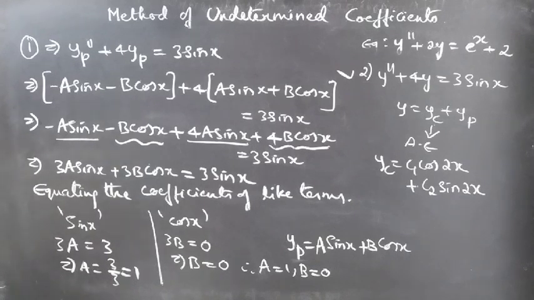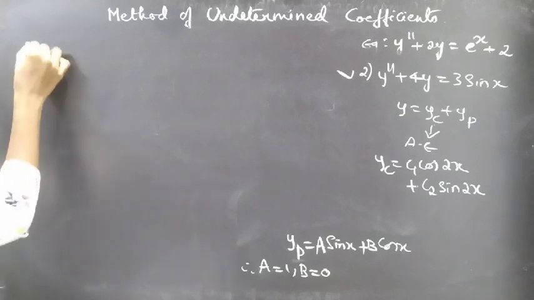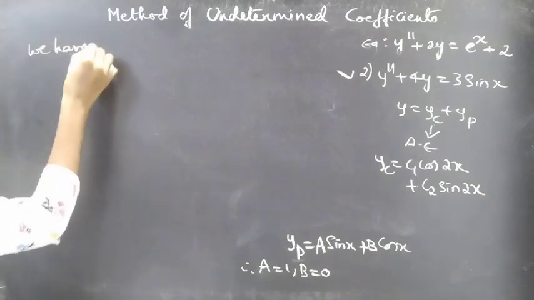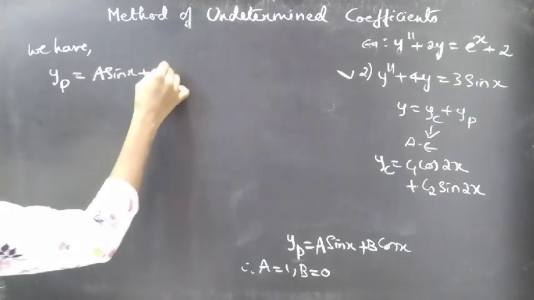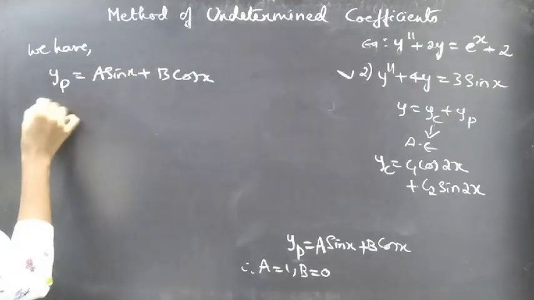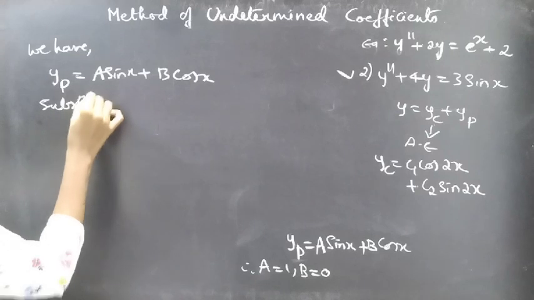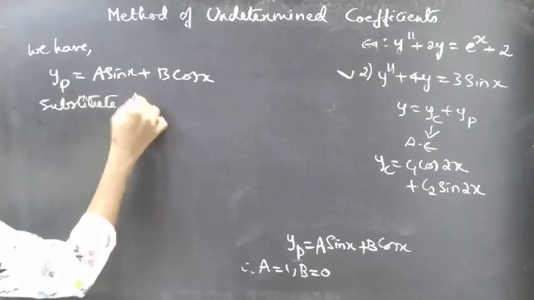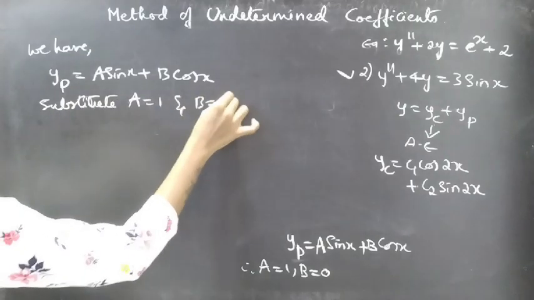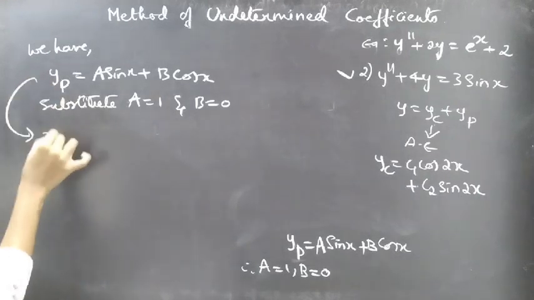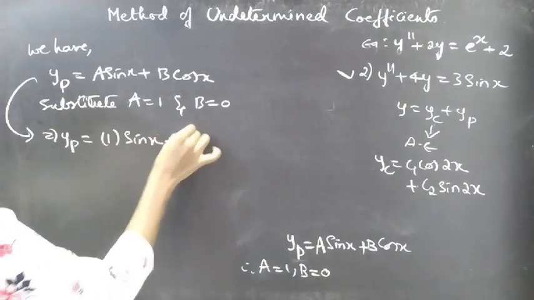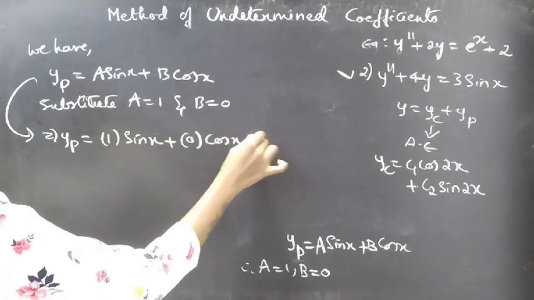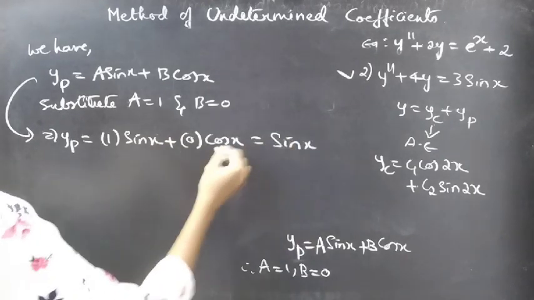Now put it in yp. We have yp equal to a sin x plus b cos x. Now substitute a equal to 1 and b equal to 0 in it, and this becomes yp equal to 1 into sin x plus 0 into cos x, which gives us sin x plus 0.